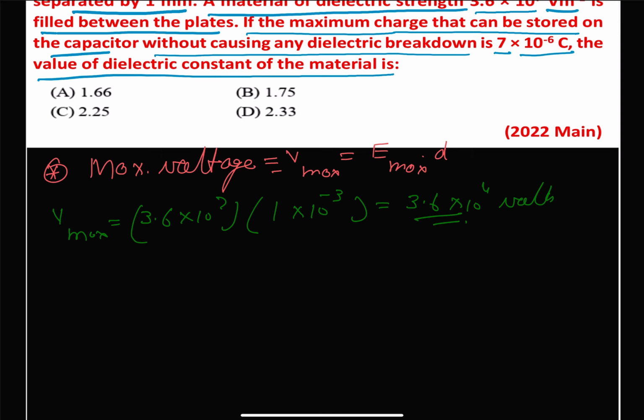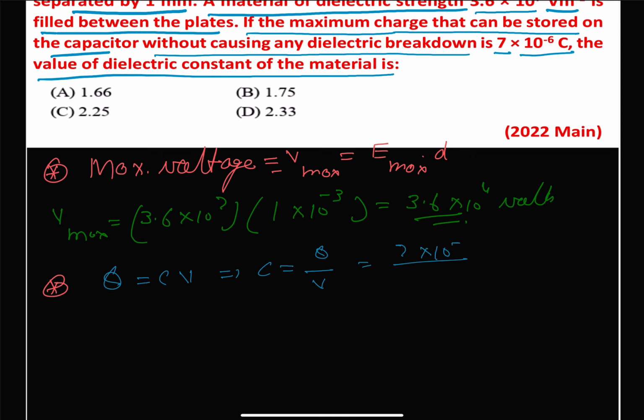Now we can use that our Q is equal to C times V, and from here we can say our C will be equal to Q upon V. Q is given to us as 7 into 10 to the power minus 6.